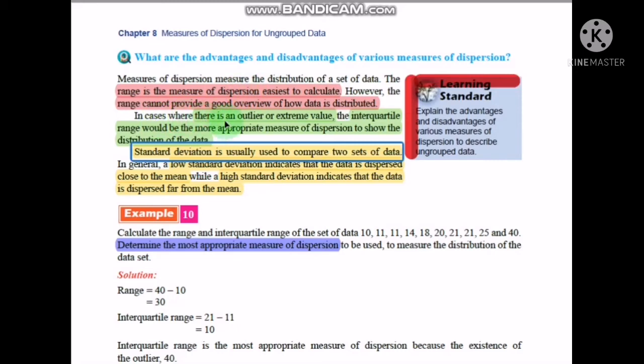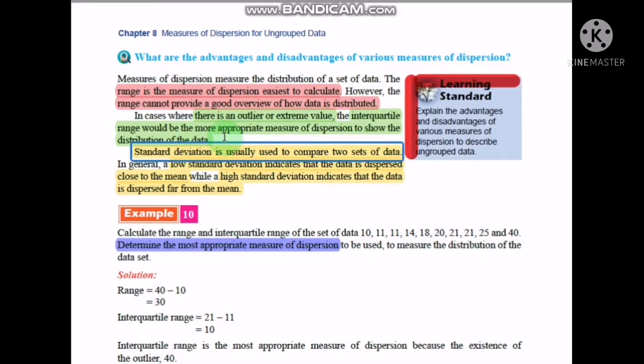Okay, when there is an outlier or extreme value, what is an outlier or extreme value? I will explain to you later, but let's go through this sentence first. If there is an outlier or extreme value, the interquartile range would be the more appropriate measure of dispersion to show the distribution of data.